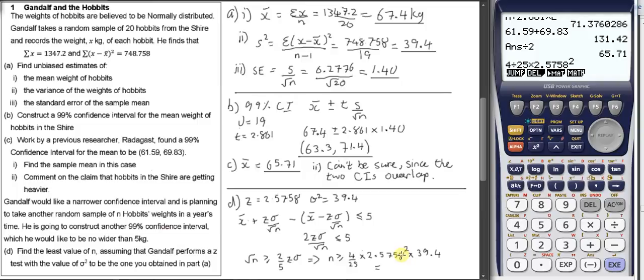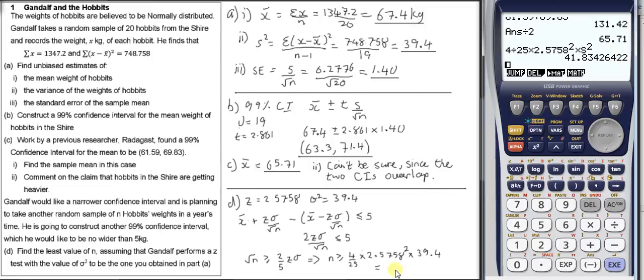Multiplied by s squared, and that gives us a value of 41.83. So we get the n, the least n, is 42. And I'm just running out of room. Hopefully you've got a bit more room than me, but that's the answer.